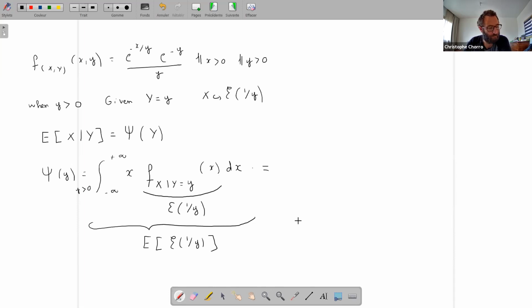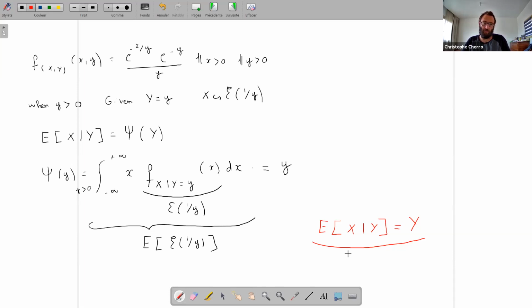I know that the expectation of an exponential of parameter lambda is equal to 1 over lambda. So here it's 1 over 1 over y, that is just equal to y. And at the end, the conditional expectation I want to compute in this very particular situation is simply equal to capital Y. So it is a random variable that is simply equal to capital Y.